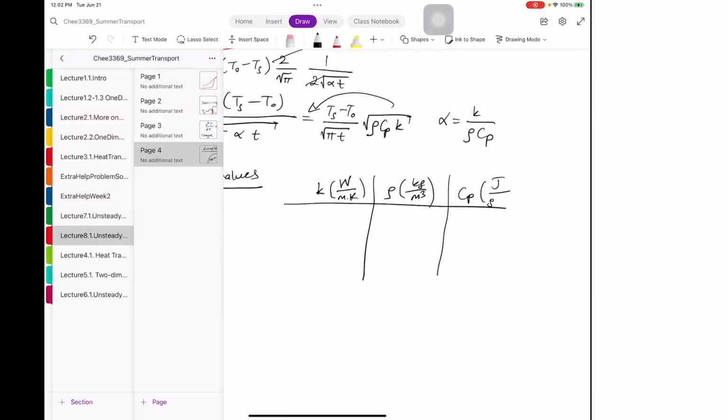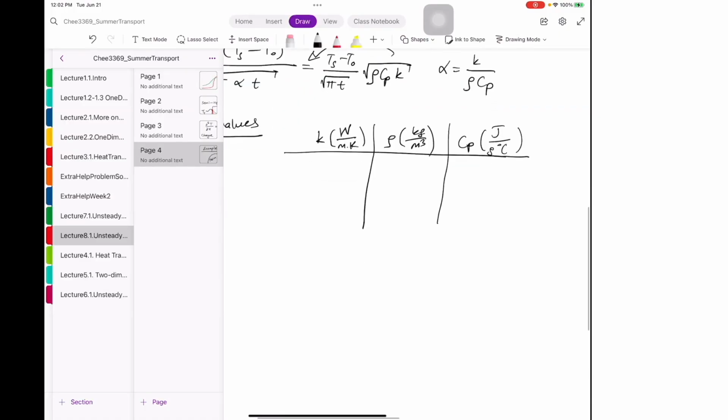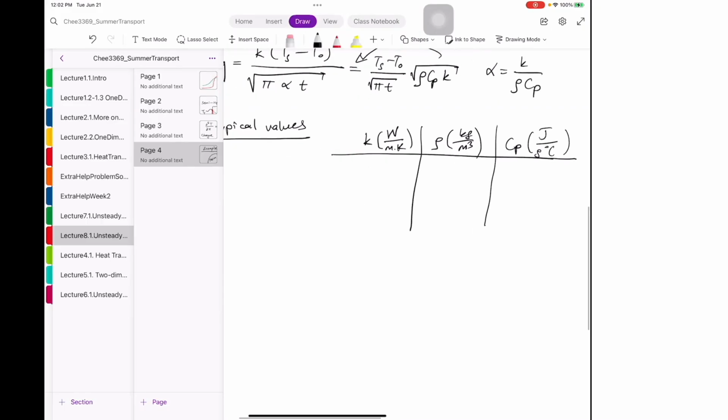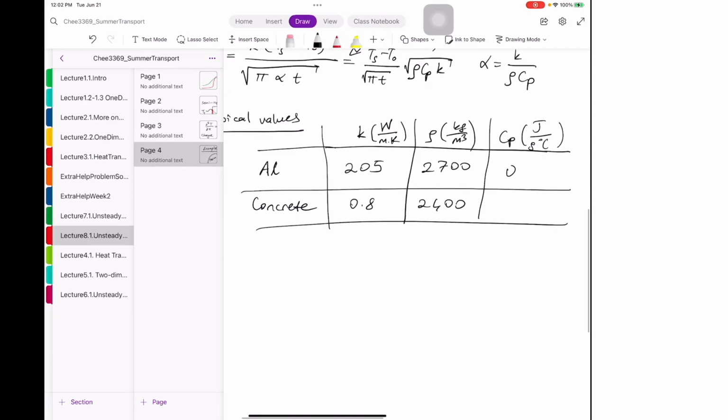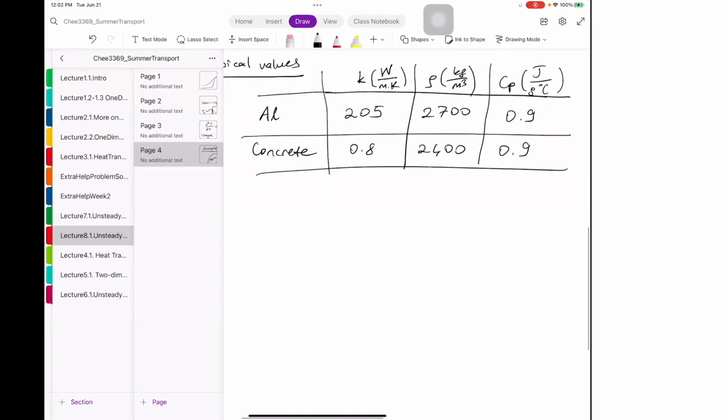You can convert it to kilogram centigrade, but it doesn't matter. We're going to make a comparison, not a quantitative estimation. Aluminum and concrete. So here are the values: 205, 0.8, 2700, 2400, 0.9, 0.9. So I'm wrapping up very quick, don't worry.